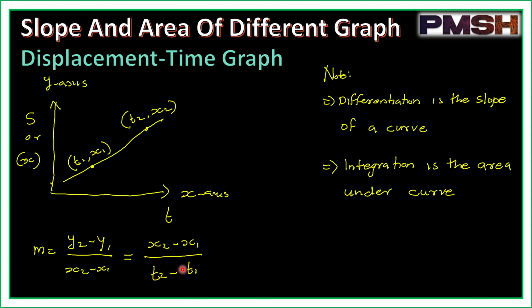Delta means change. So the equation becomes delta x by delta t, that is change in position by change in time.